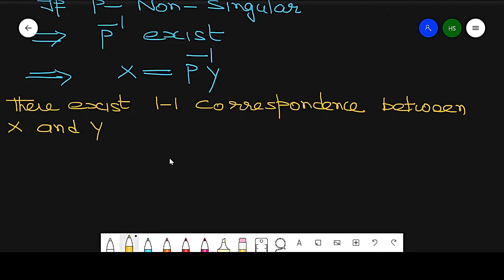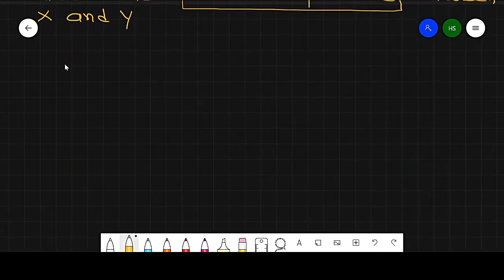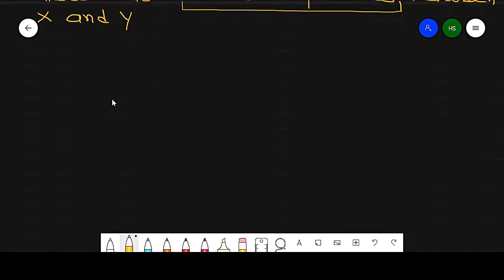So from this, what we get? We get there exists a 1-1 correspondence between X and Y if P is non-singular. So remember this. Now next is resultant of two linear transformations.